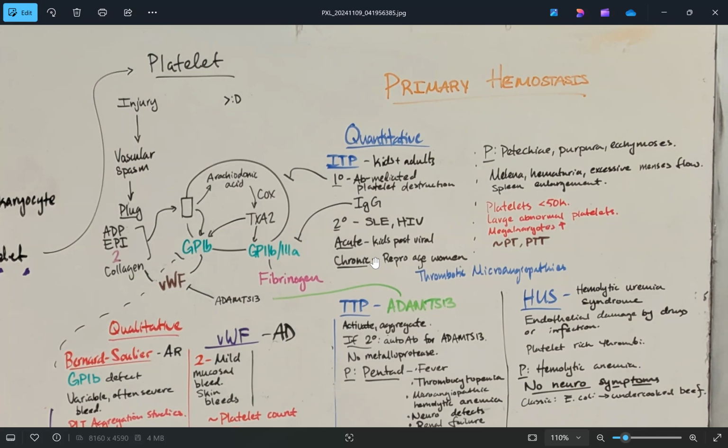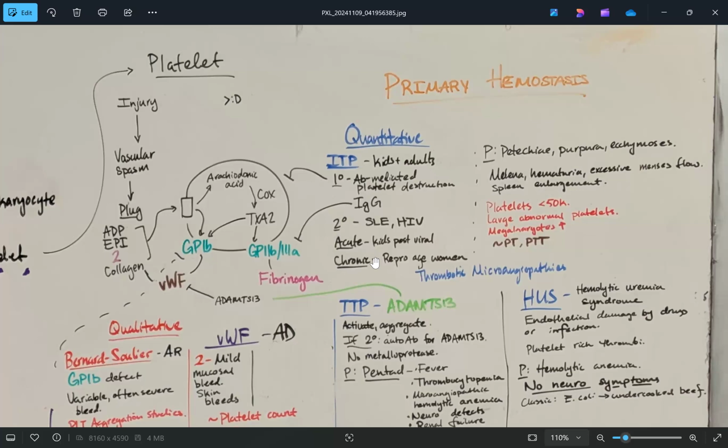So first off, we're starting with ITP, or immune thrombocytopenia. No, purpura. No, immune thrombocytopenic purpura. You'll see this in both kids and adults. The primary reason you'll have it will be antibody-mediated platelet destruction. So no platelets, you're going to have a lot of bleeding, therefore that leads to that purpura.